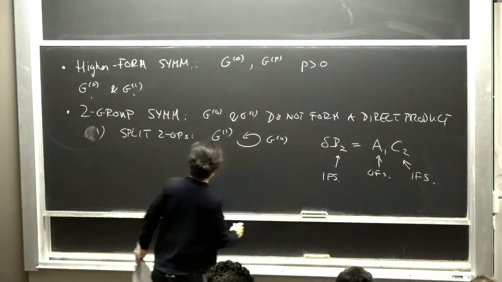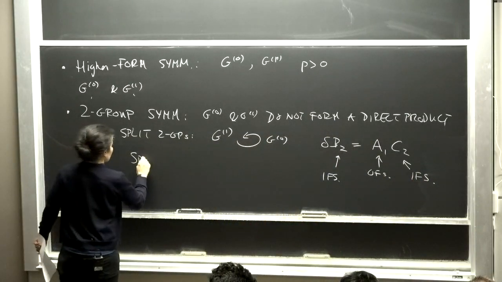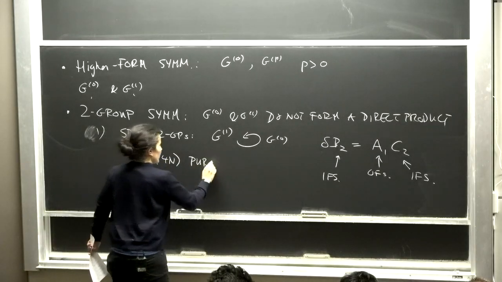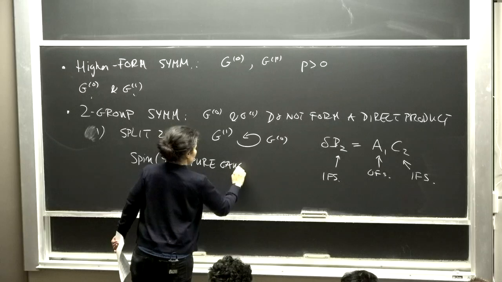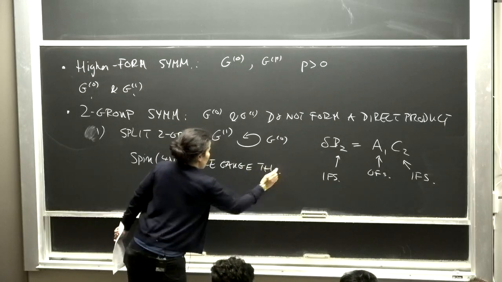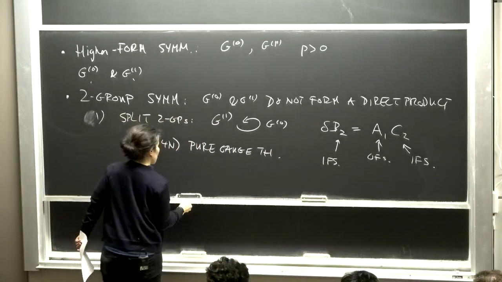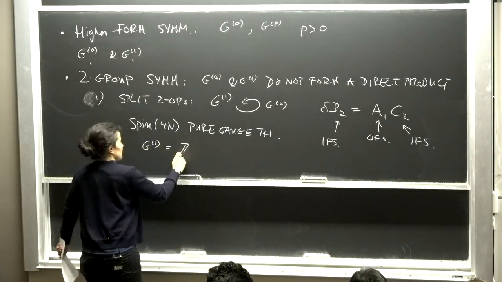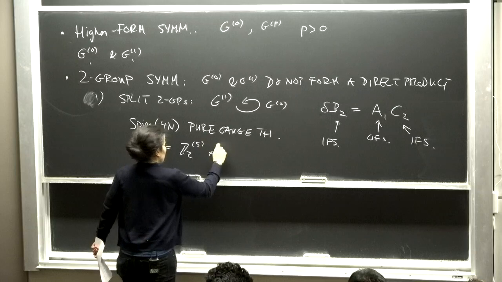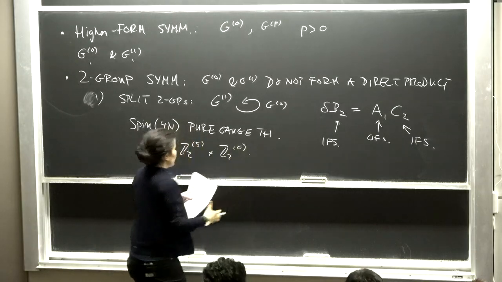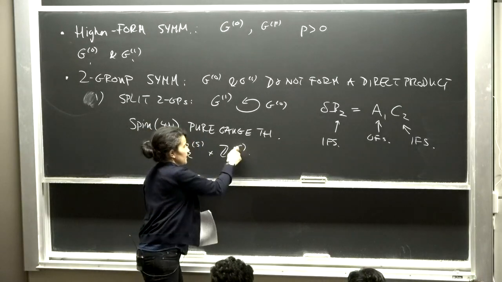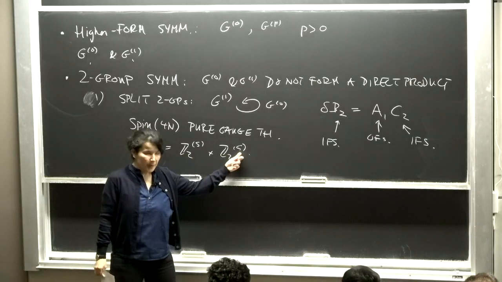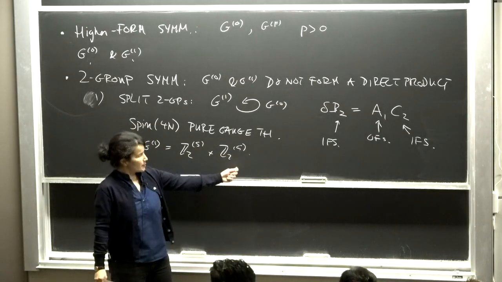Yeah, and the example I gave you was a Spin(4n) pure gauge theory, which has a 1 form symmetry, which is Z2 times Z2. And here I'm indicating an S and a C. One acts on the spinor Wilson line, the other on the co-spinor Wilson line as a Z2 times Z2.